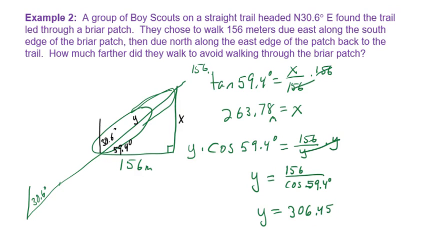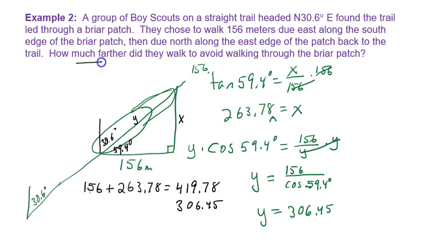306.45. So now I need to actually compare these two things. The actual path that they took along the outside edge, you have 156 plus 263.78. So they actually walked 419.78. Then the briar patch was 306.45.